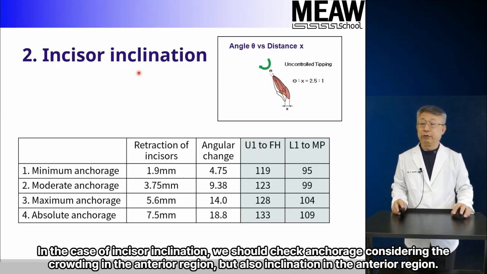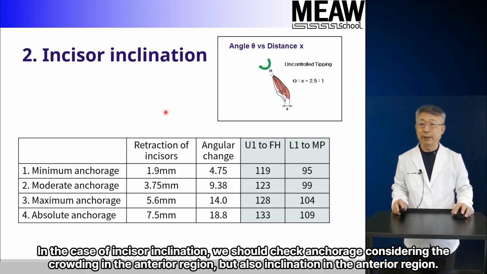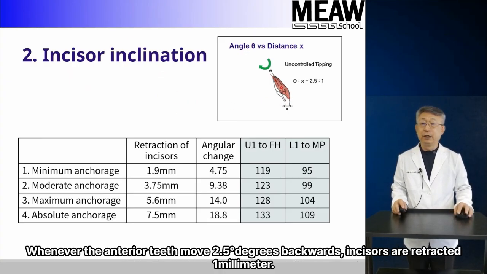In the case of incisor inclination, we should check anchorage considering the crowding in the anterior region, but also the inclination in the anterior region. Whenever the anterior teeth move 2.5 degrees backwards, incisors are retracted 1 millimeter.